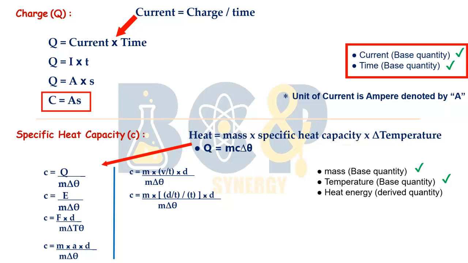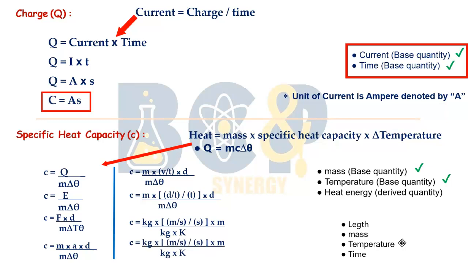Now what are the base units of specific heat capacity? Of mass it is kilogram, of displacement it is meter, and of time it is second. So we will put the base units at the places of these base quantities, and finally we can say that length, mass, temperature and time are all base quantities of specific heat capacity.